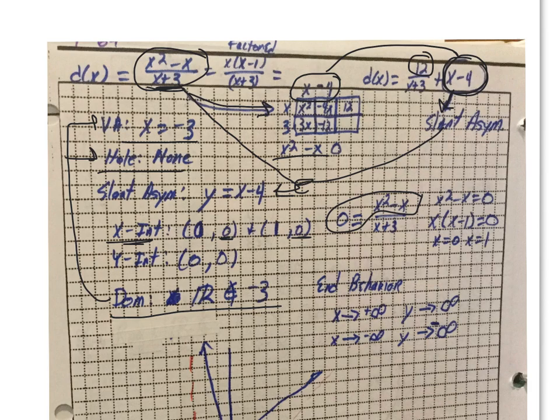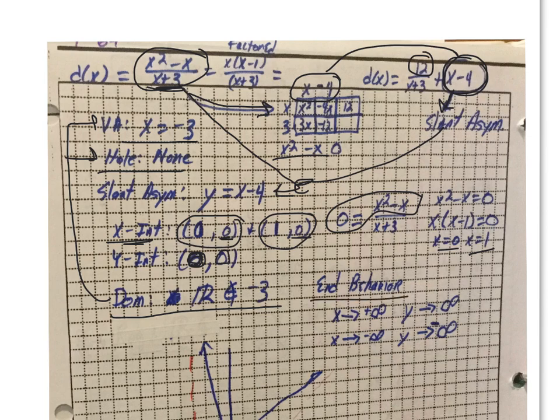I use factoring, so x comes out to equal 0 and x comes out to be 1. So now my x-intercepts are (0, 0) and (1, 0). Y-intercept occurs when x is 0. So put 0 in for x, and your output comes out to be 0.